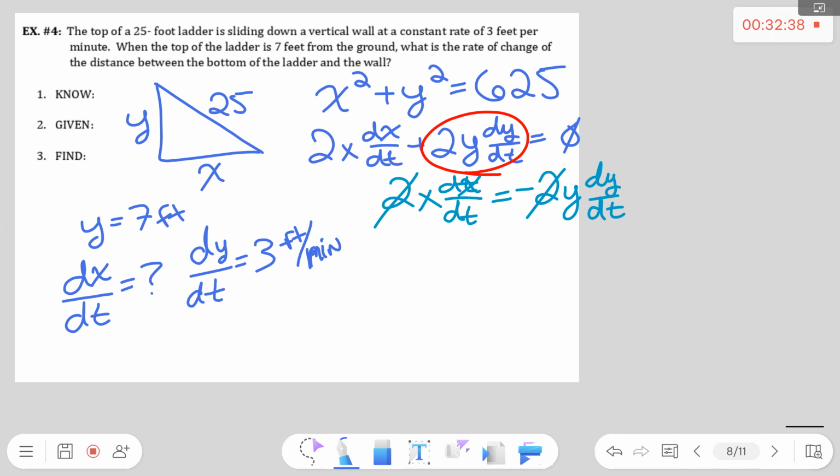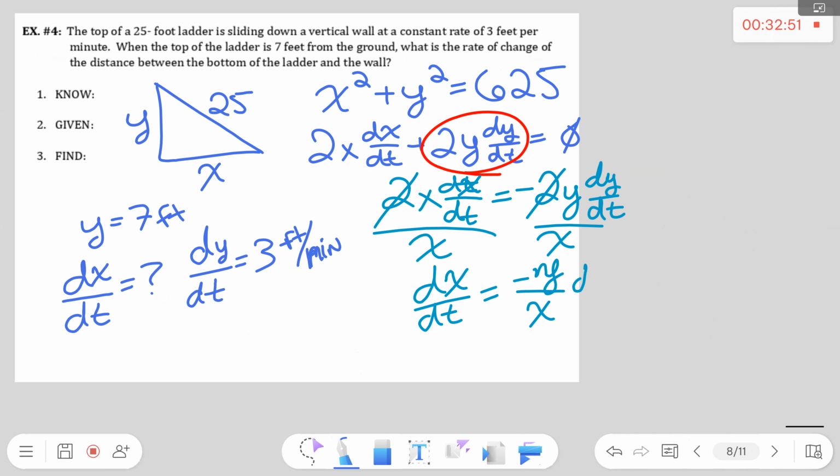Gotta divide by x now. So dx/dt equals negative y over x times dy/dt. Now, we don't have a value for x yet. Could we find one? Yeah. It's 24, by the way.